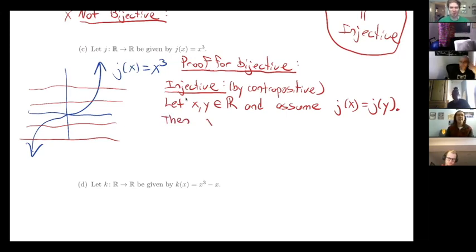And then this would tell me that x cubed, which is j of x, is equal to y cubed, that's j of y. And I skipped something there, but again, if we're going to prove this by contrapositive, then what we're hoping to show is that if the outputs equal each other, then the inputs have to equal each other. And that's the contrapositive of if the inputs are not equal to each other, the outputs are different. So what's left to do to go from here to here?